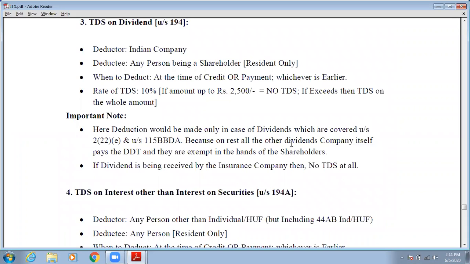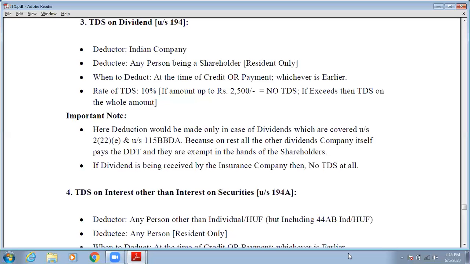Because on rest all the dividends company itself pays the DDT and they are exempt in the hands of the shareholder. So where the dividend is provided under section, if the deduction is covered under section 222E, that is already we have already discussed in income from other sources, that is dividend in the section 222.